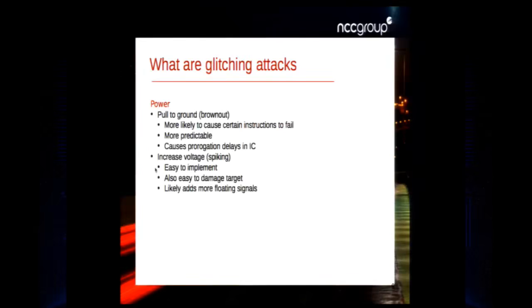Something else I tried was the voltage spiking attack, which is simple to implement, but because you're effectively introducing floating signals into the target device, it's significantly more unpredictable what exactly you're going to get. It's also very easy to damage the device if you don't respect the ratings on the chip.